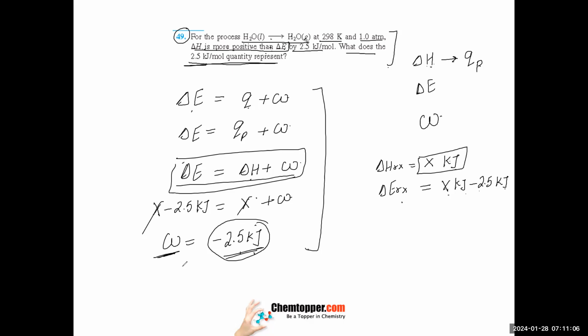Yes, Shrihan, it is the work. This quantity represents work done by the system because it has a negative sign. Anything with the negative sign means energy is going out of the system. Is this question interesting? Okay, moving on.